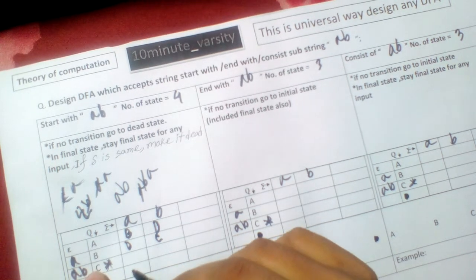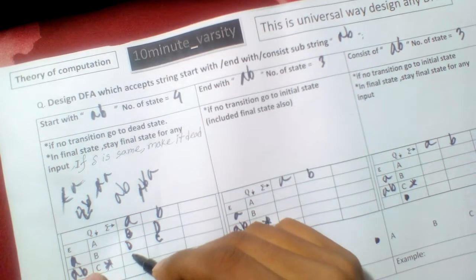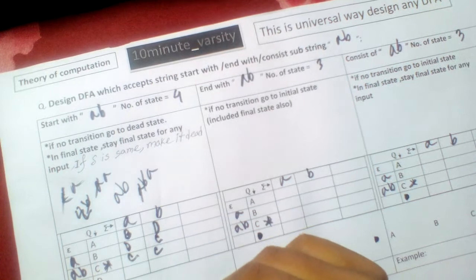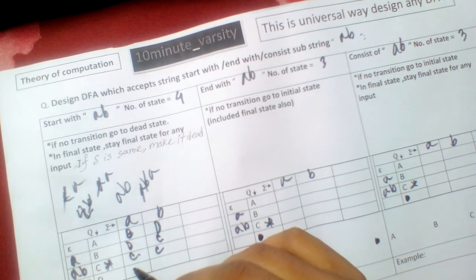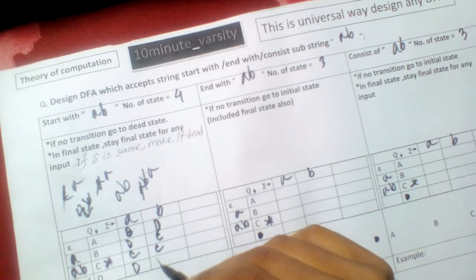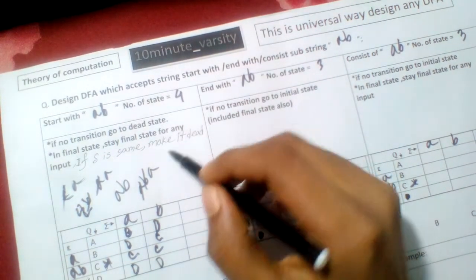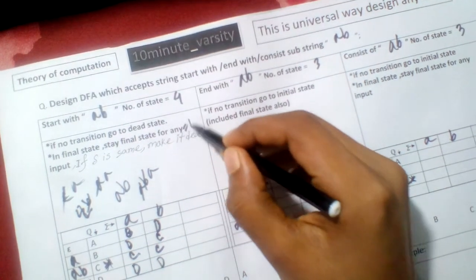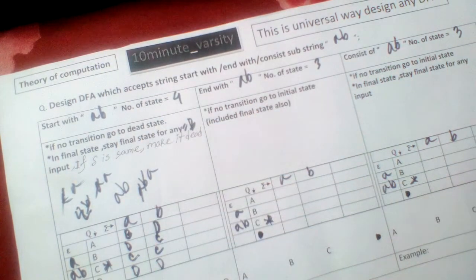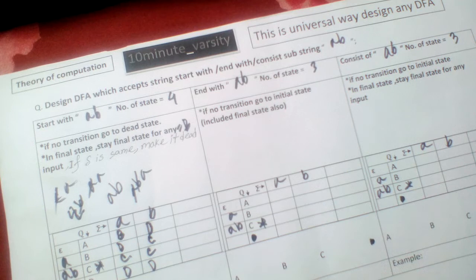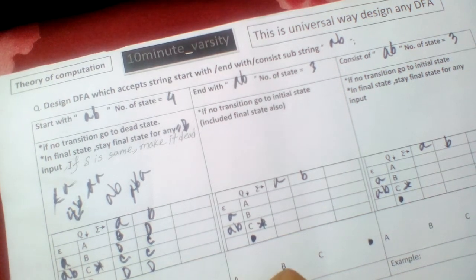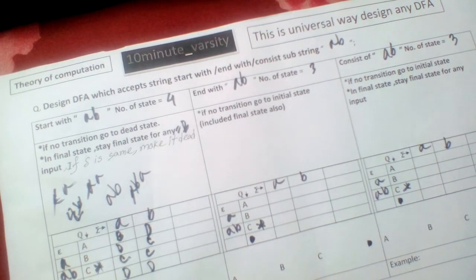Because this is the final state, we have to stay in the final state for any input. And for the dead state also, we have to stay in the dead state for any input. This is true for the dead state also. So these are the tricks, and this is how we got this transition table. By following this transition table, we can simply design the transition diagram.